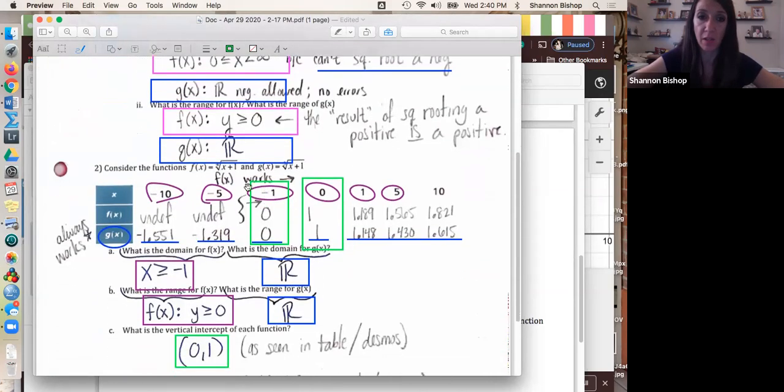But now on this other one down here, when I had x plus 1 on the inside, right? X plus 1 was underneath there. Well, all of a sudden my domain was at -1. And you're like, wait a second, why is it -1? It says +1 in there. Why does it say -1 in my domain?